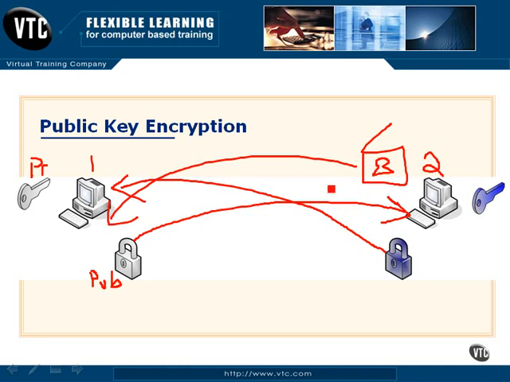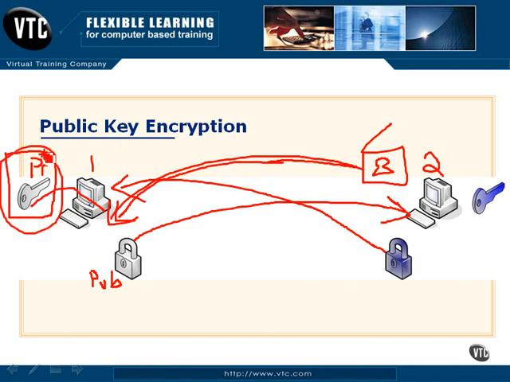Now remember, as this encrypted data passes over the network, the only way to decrypt it is using my private key, which I keep locked down on my local computer and never allow it to pass across the network. So when that encrypted data reaches my endpoint, I will then decrypt it using the private key.